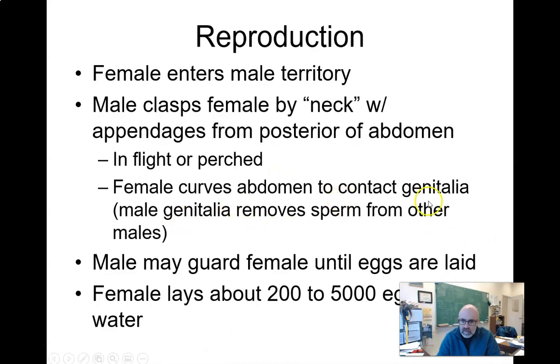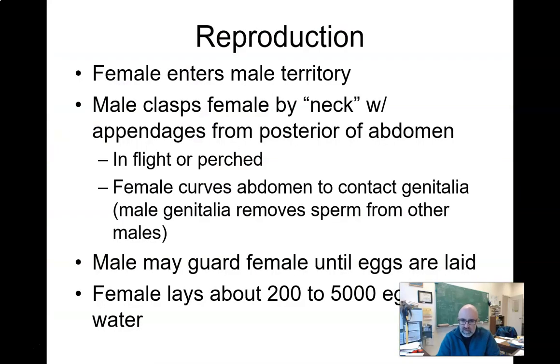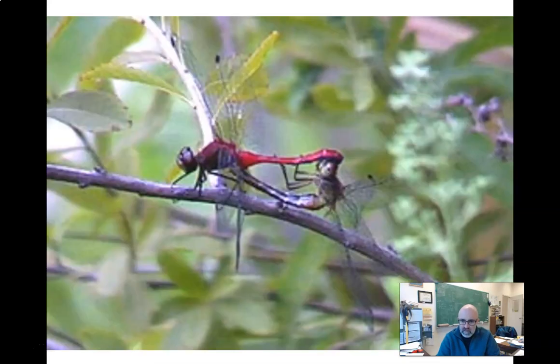Female curves abdomen to contact genitalia. Sperm from other males. So it's confusing. These guys are having sex, but I don't know how this works. And I still don't. Female curves abdomen to contact genitalia. So I guess the male genitalia and female genitalia are in different places.